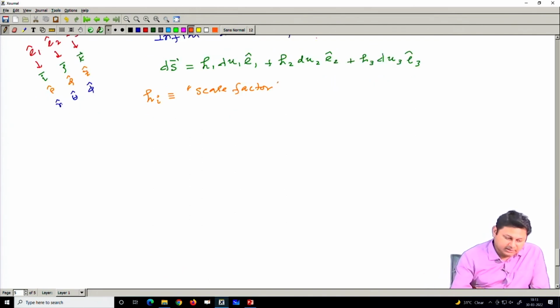This is a scale factor that relates the distance dsi to the change of coordinate.